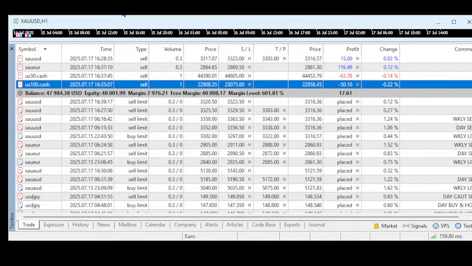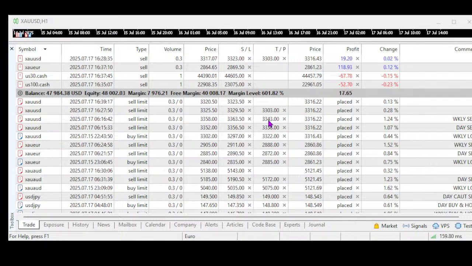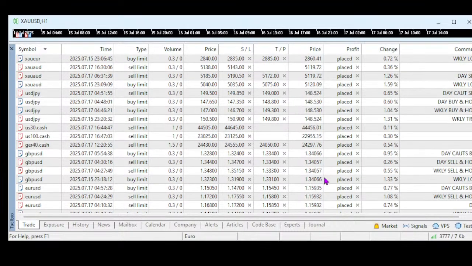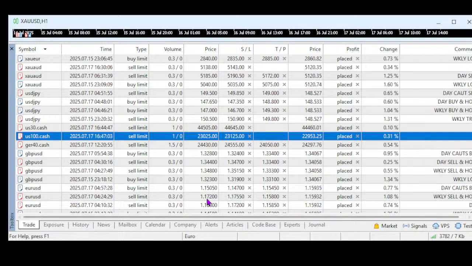Then I'm going for another sell at 23025, with 23125 as the stop. Then later I'll do the adjustments of the TP.